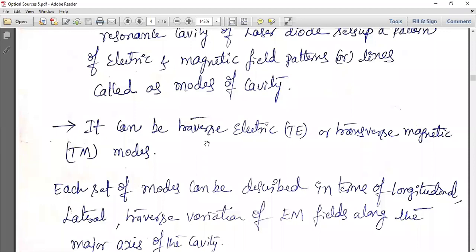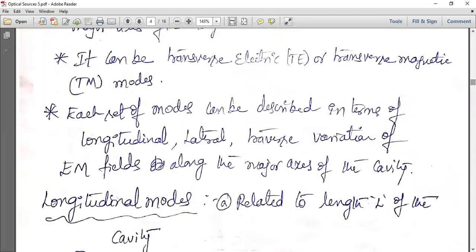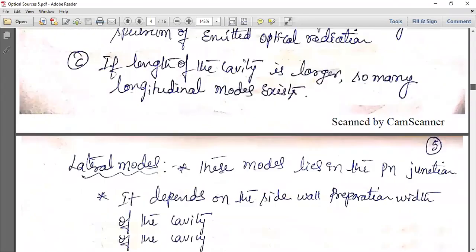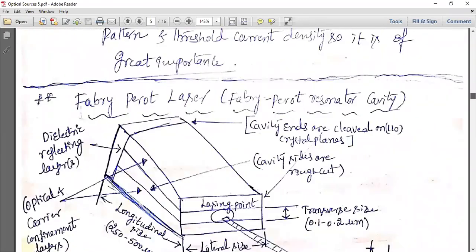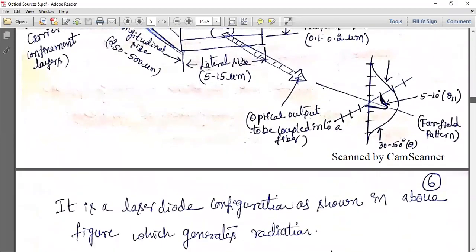So the light consists of transverse electric modes as well as transverse magnetic modes. How it actually comes out of the laser depends on whether it is a longitudinal mode, a transverse mode, or a lateral mode. And then I explained the Fabry-Perot resonator, how it emits the light.